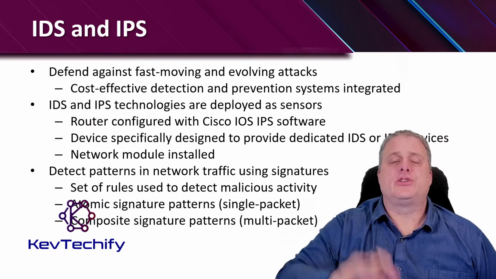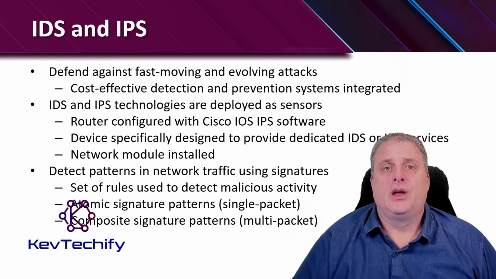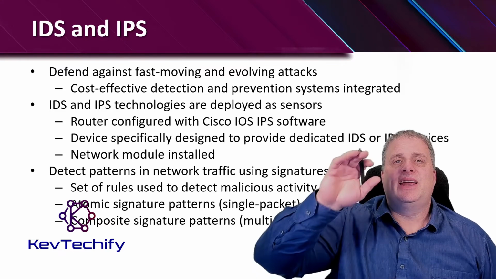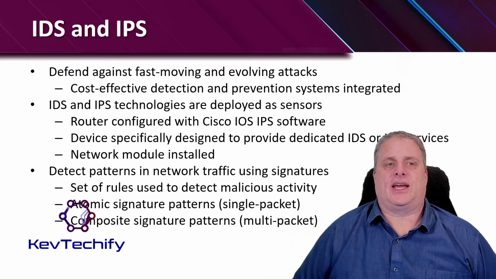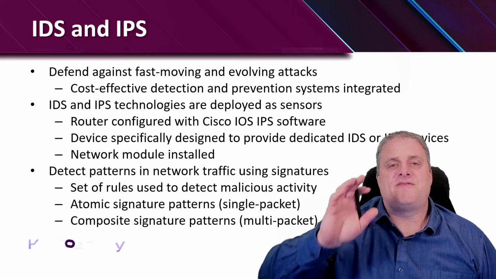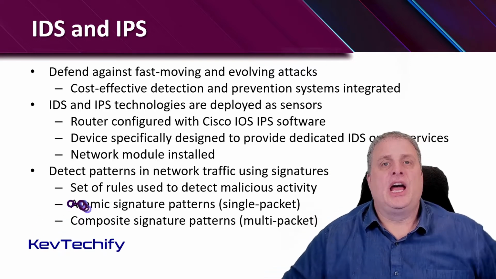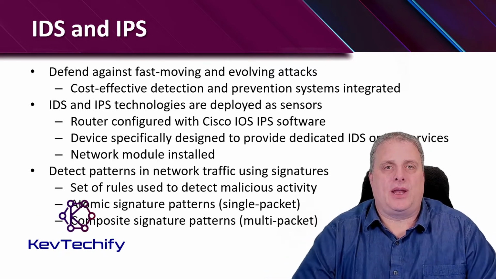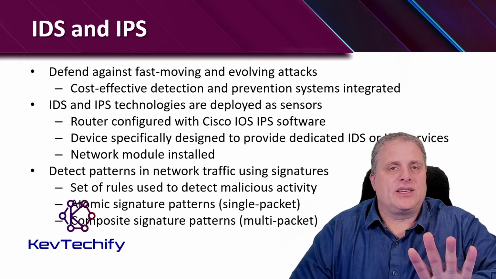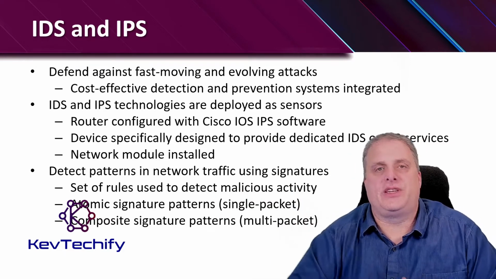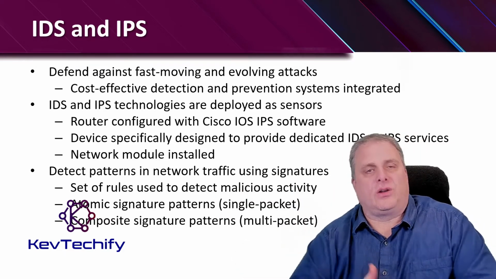Intrusion detection systems and intrusion prevention systems. What they do is they defend against attacks. These attacks are typically fast-moving, evolving attacks. They're changing as they're happening. Maybe you get one attack like this, but then the next attack looks a little bit differently. That attack has evolved.